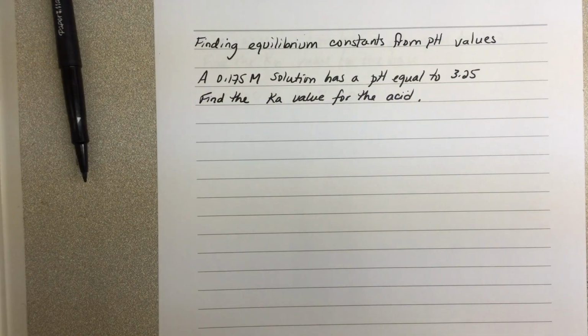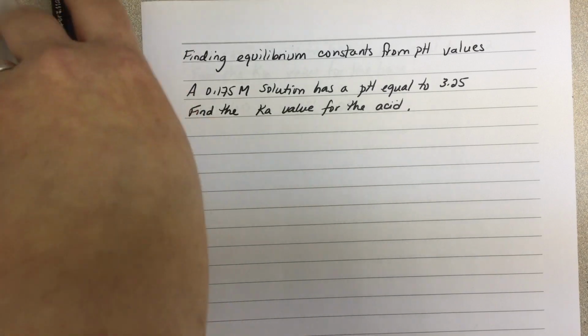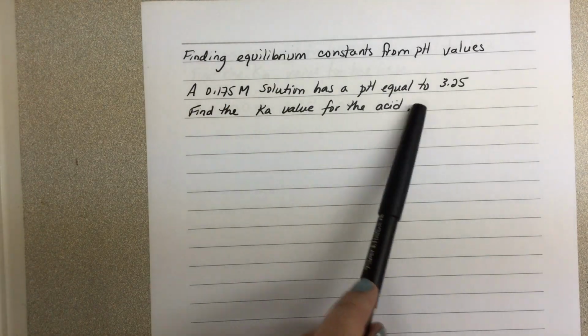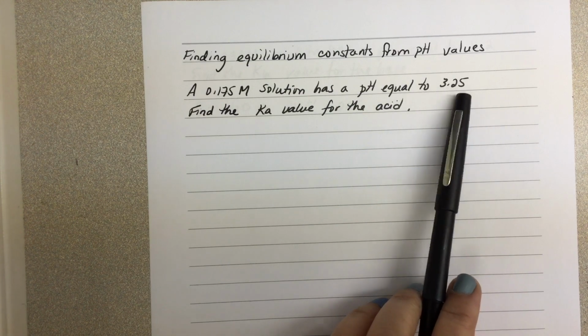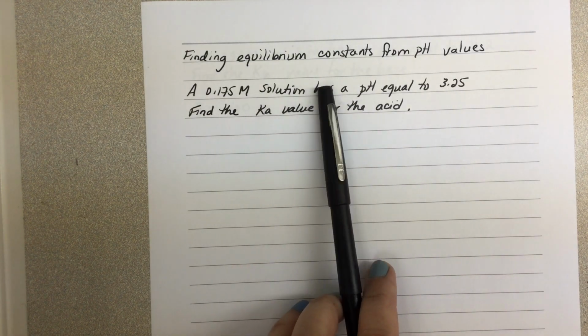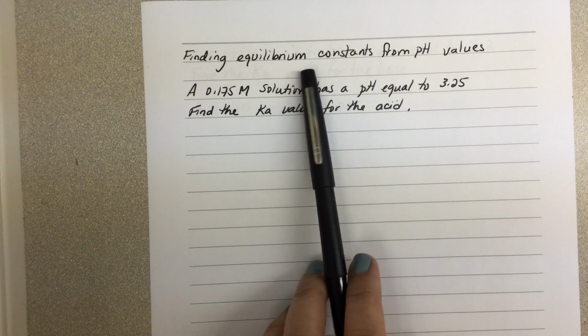So I have here another problem where you're using concentrations to find your Ka value. So you're not given the value of your constant, but you're given information that is going to be useful to go all the way to your final answer. So you have your pH value, and you have an initial concentration for your solution.